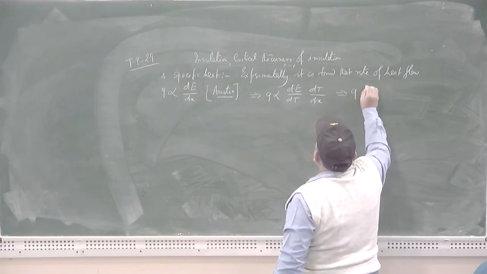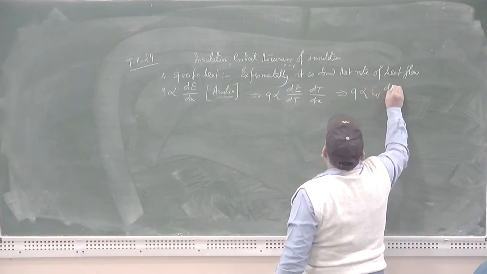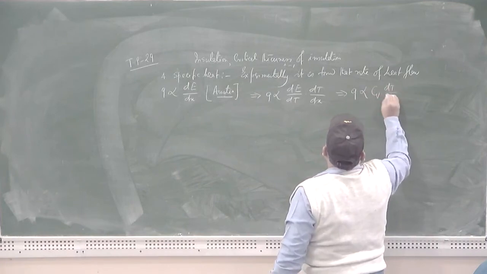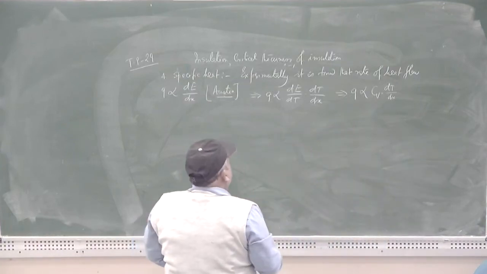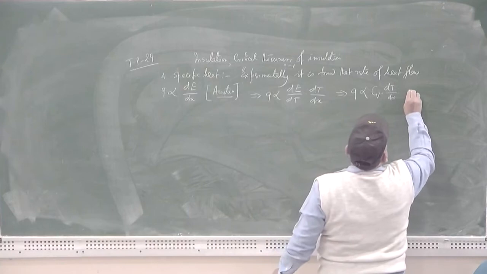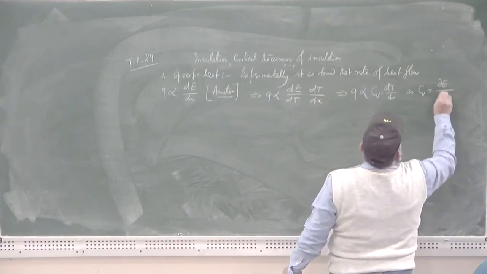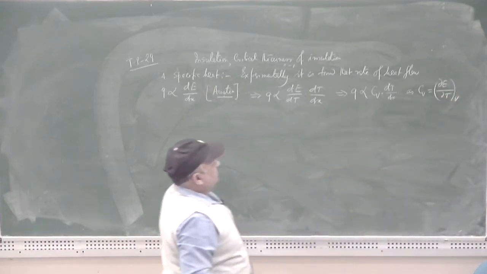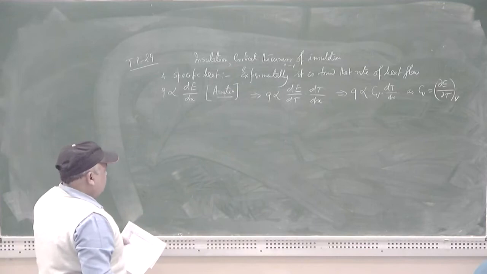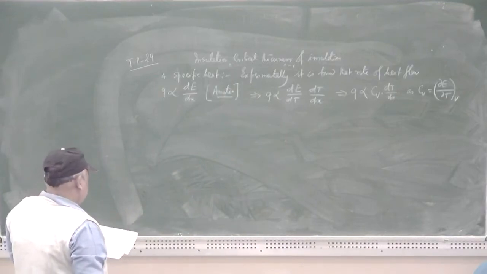So, Q is directly proportional to Cv into dT upon dx, as Cv is equal to dE by dT at constant volume. From thermodynamics we know this is the value of Cv. So, Q varies as Cv into dT upon dx.